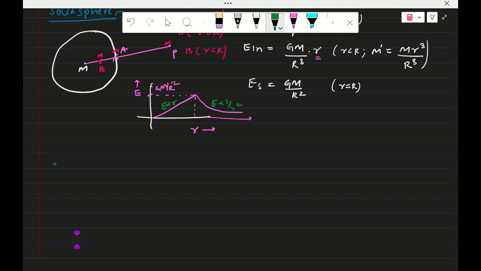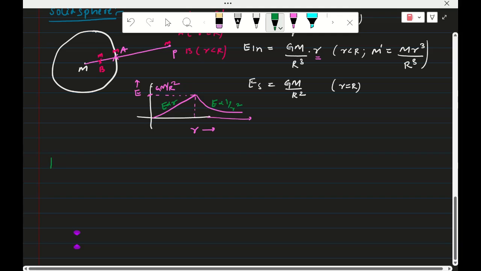So now coming to the hollow sphere, or spherical shell. In problems, instead of hollow sphere, they will mention spherical shell. So there also this one.